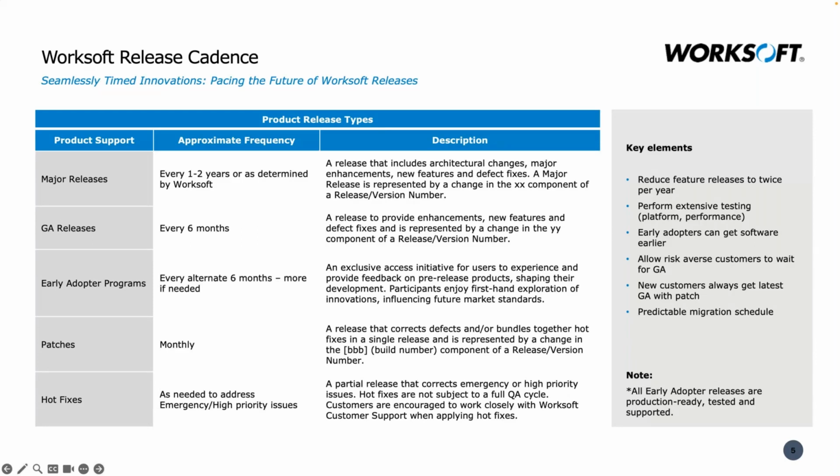However, with the early adopter releases, that is when we will be introducing new features, new capabilities. Those may have some impact from a planning perspective, or they may change some workflows. As opposed to our GA releases, where we will primarily focus on bug fixes, stability, as well as minor updates to features that we released as part of the early adopter release.